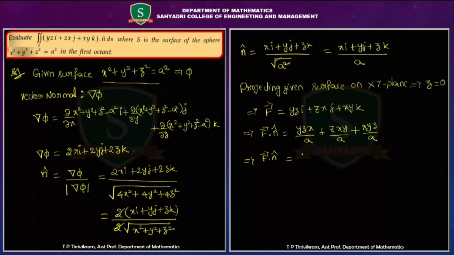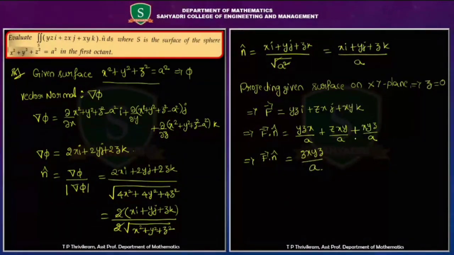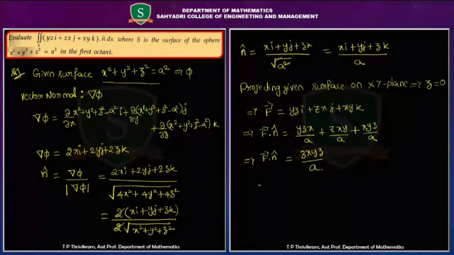We get, first I'll write as it is, 3xyz divided by a. But we need to find n cap into dS.